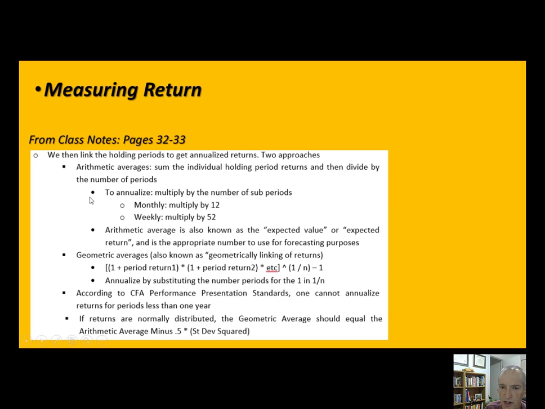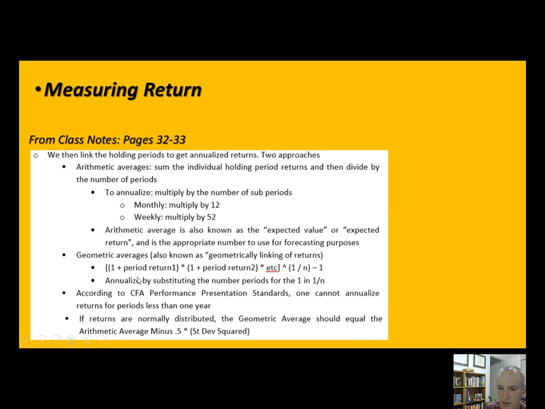The other thing we want to do is annualize these returns. You annualize arithmetic averages by just multiplying by how many periods there are in a year. So if you're doing monthly returns, to annualize it, you take the arithmetic average and multiply by 12. If you're using weekly numbers, you take the average of those weekly returns and multiply by 52.